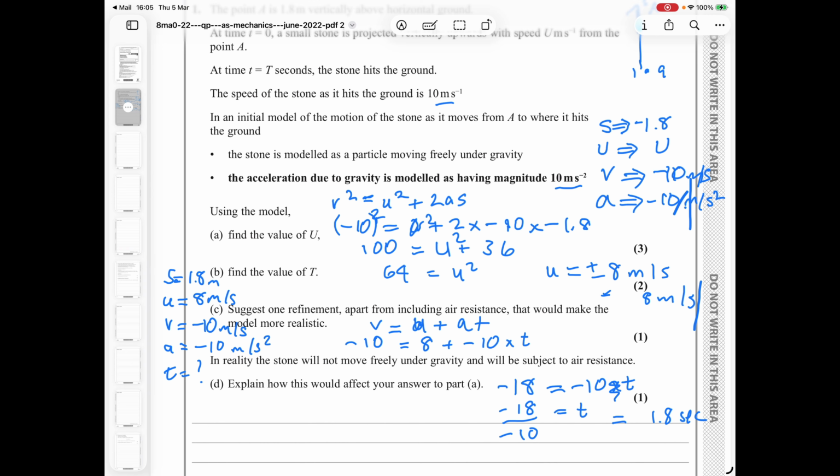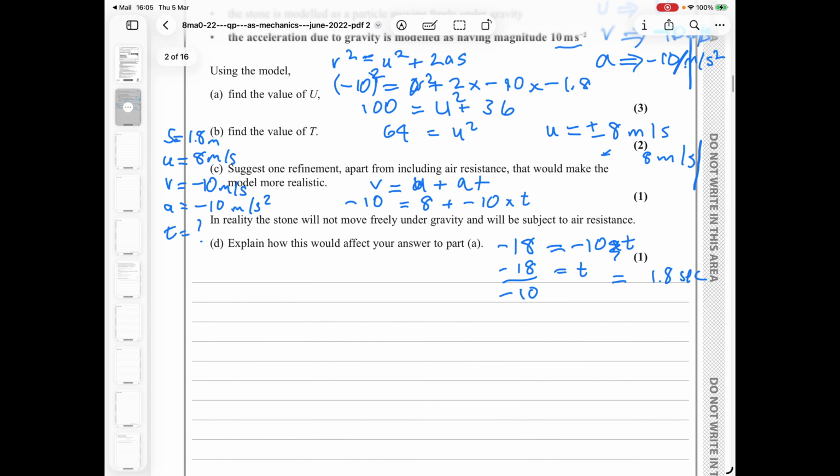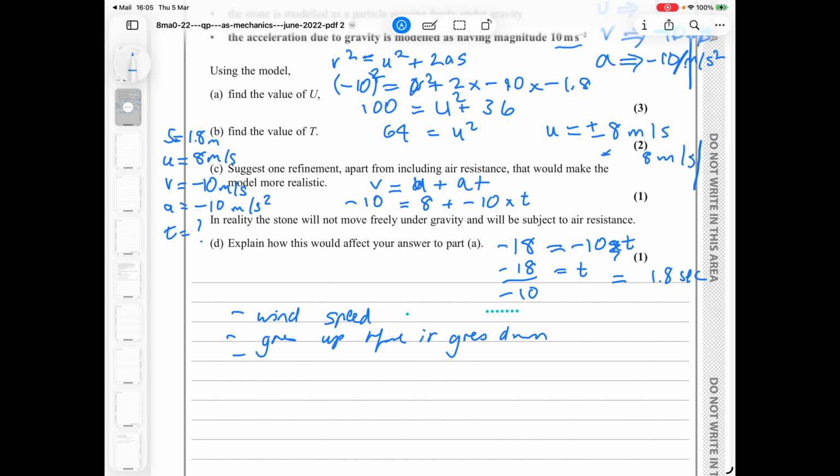Suggest one refinement. I would say this is not beautifully laid out, but it's quite hard to do on this. Suggest one refinement apart from including air resistance, which would make the model more realistic. So more realistic would be if we included wind speed, possibly the fact that it goes up before it goes down, and there's quite a few different things that would make sense for this.